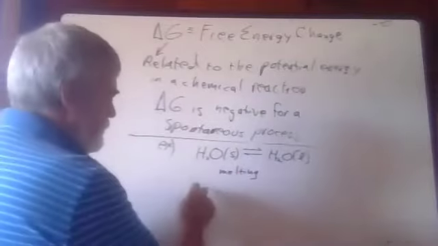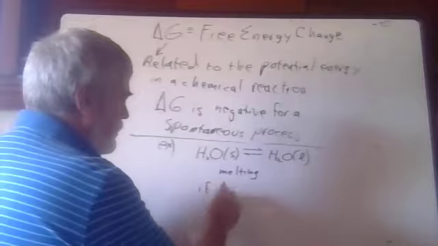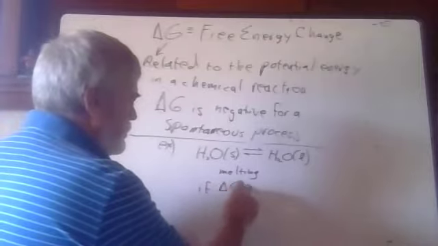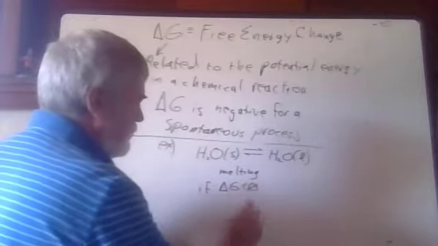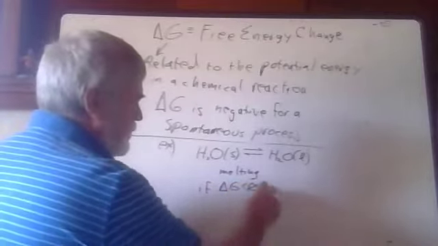Okay. If delta G is less than 0, then this is spontaneous. Now, let's think about that. When does ice melt?